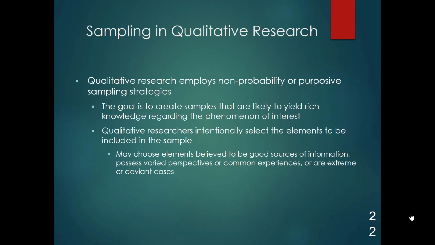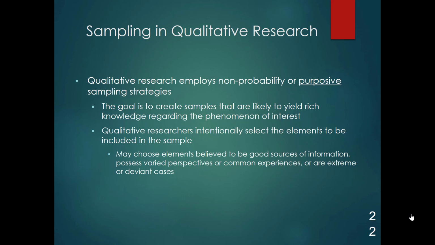So, sampling in qualitative research. Qualitative research employs non-probability or purposive sampling strategies. They have a specific purpose, and so they purposely pick the participants in the study. The goal is to create samples that are likely to yield rich knowledge regarding the phenomenon of interest.